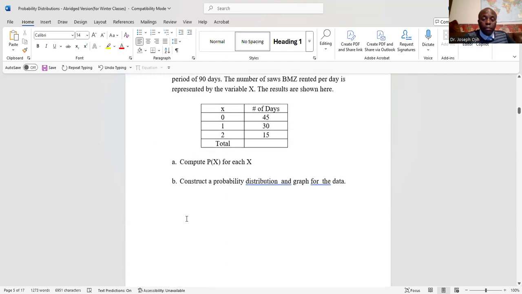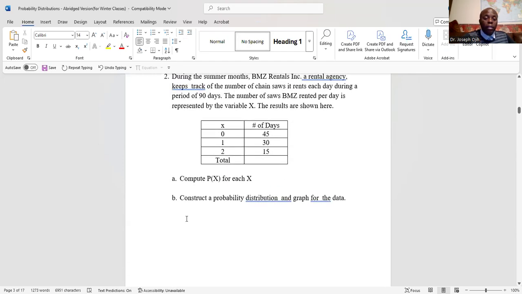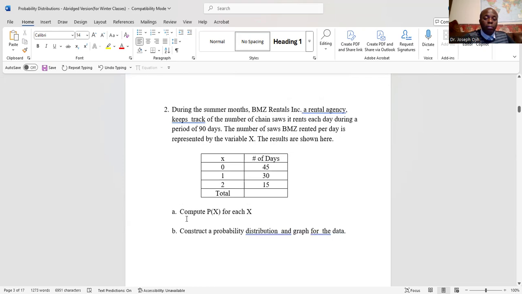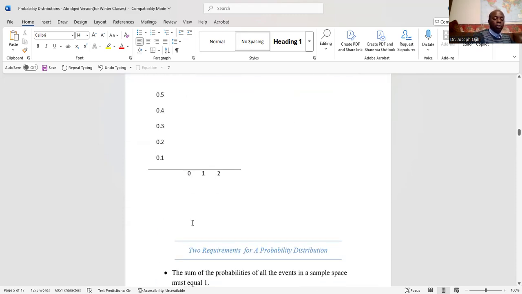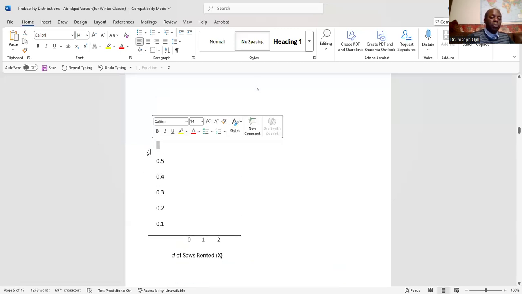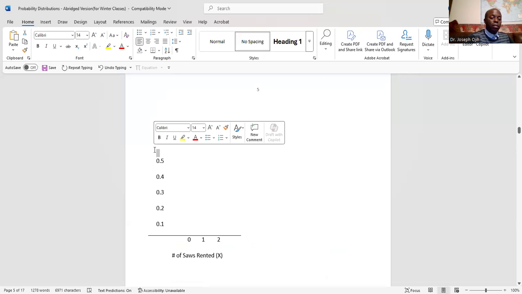Yes, the number of saws rented, which is our x. And this one is the P(x), the probability of x.